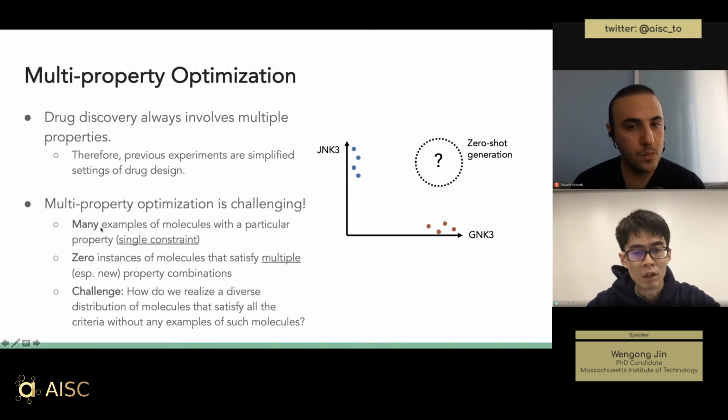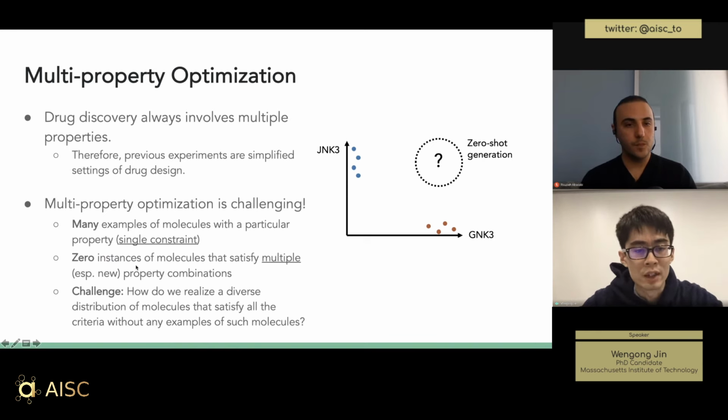In a typical scenario, we will find that we have a data set with many examples of molecules where each one only satisfies a single constraint. But we have zero or very few instances of molecules that satisfy multiple property combinations.